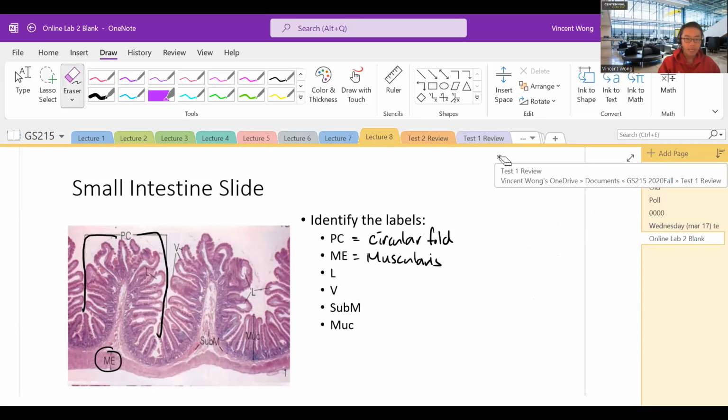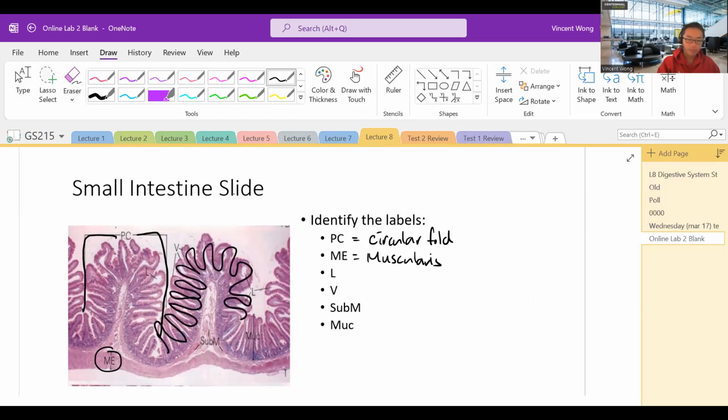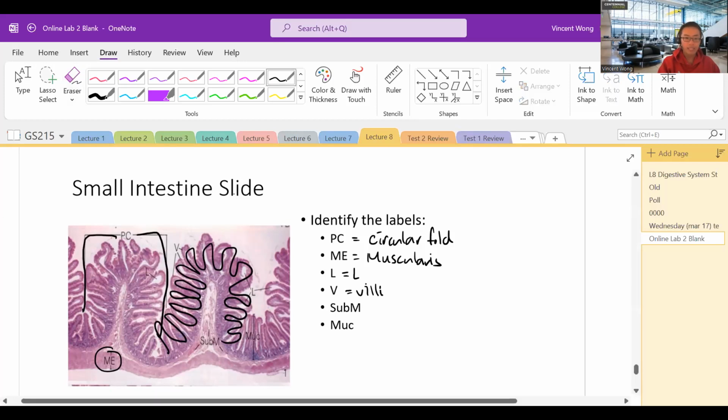So from the circular folds, you have these things that are coming out, right? That's the V, which is the villus, or villi for plural. In the center of the villus, you will find the lacteal, which helps with fat absorption.